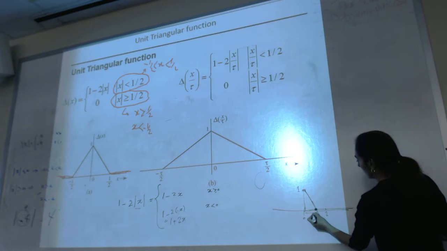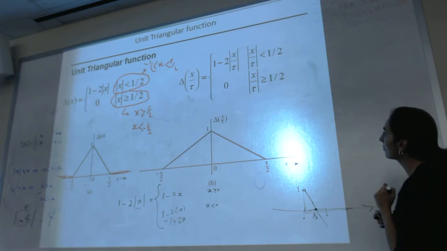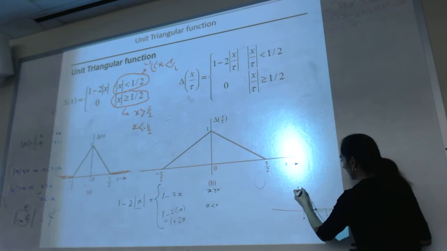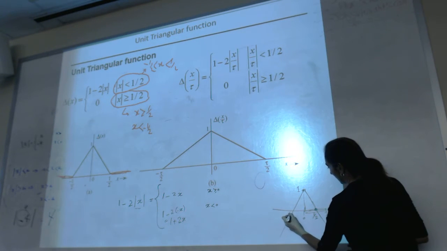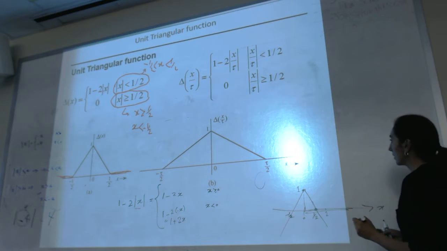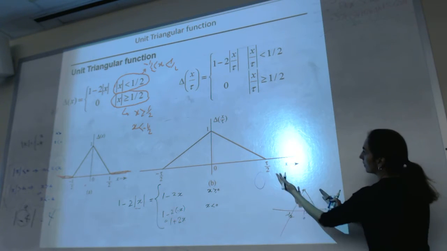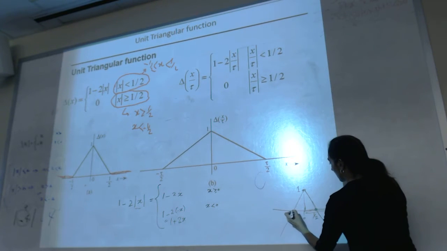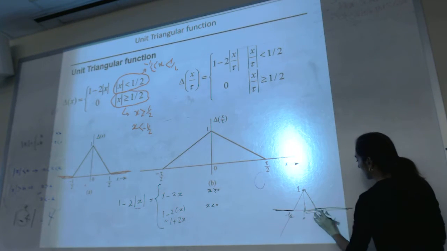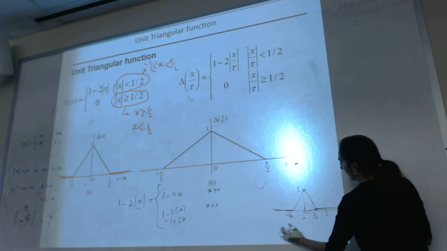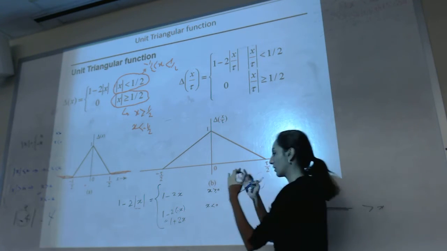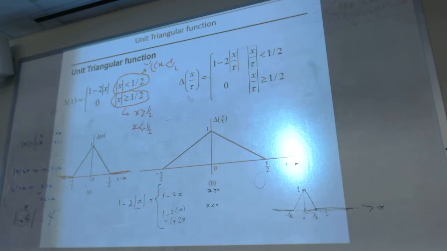It passes 0.5. And then if x is negative, it's the other line. Okay, good. I only wanted to keep it between minus half and half, so I just cut it off there. So I get a triangle. That's how I get two different lines with different slopes using this absolute value.